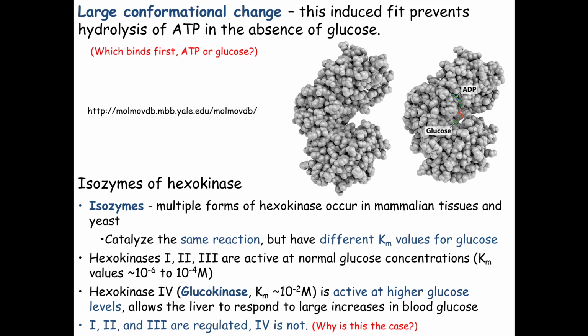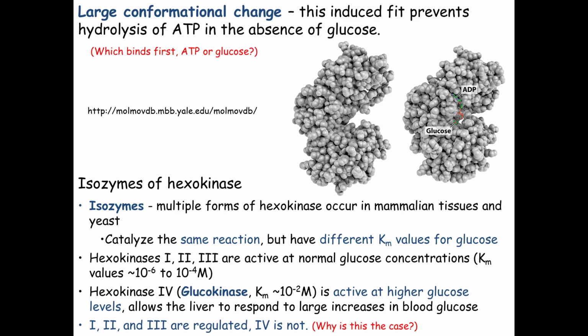Say right after a meal, and all this glucose rushes into the cell. Hexokinases 1, 2, and 3 are overwhelmed by how much substrate there is. They can't go any faster. Well, glucokinase can pick up the slack because it says, well, you're busy with all of these other glucose molecules. I actually get a chance to do something. So it's there to respond to those large, sudden changes in glucose concentration.